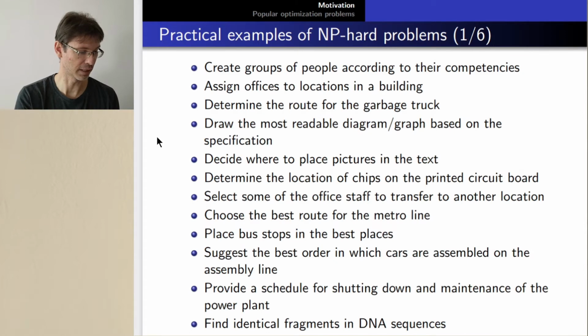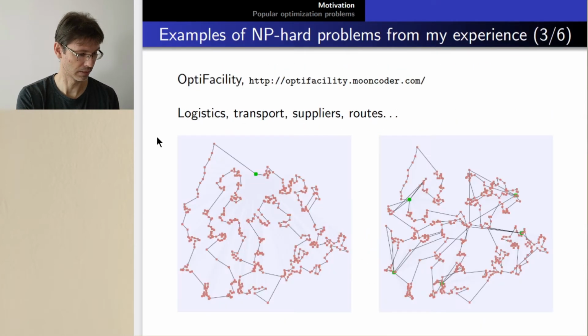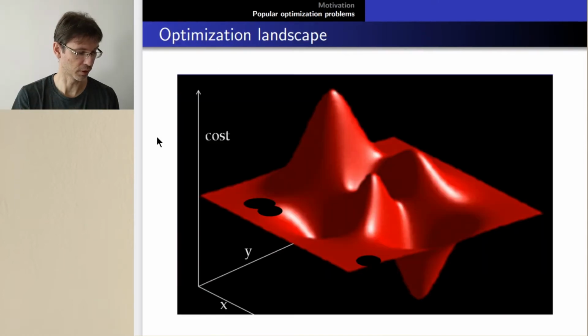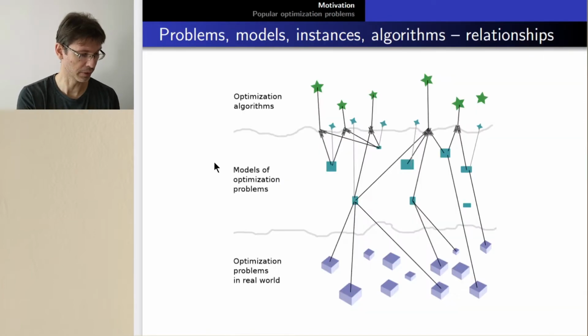Then I gave you examples of many practical problems, also here, and this, and this, and this, and even this. And this plot was so important because it showed that after we built a model of this real-world problem, from the point of view of the optimization algorithm, we are actually only thinking about this space of solutions.